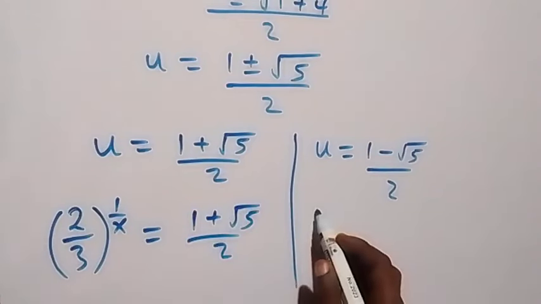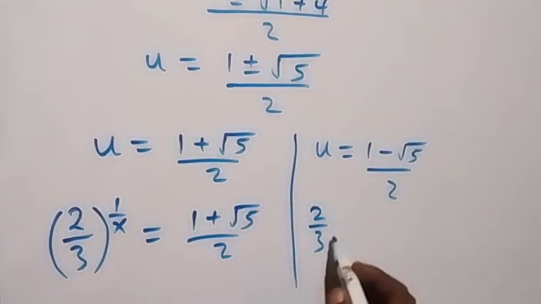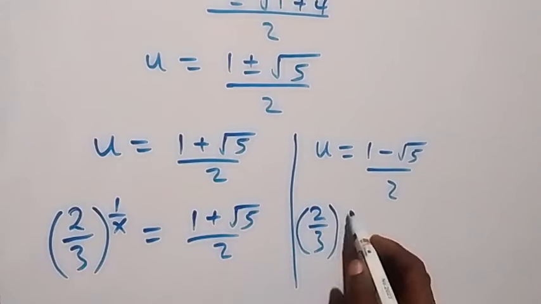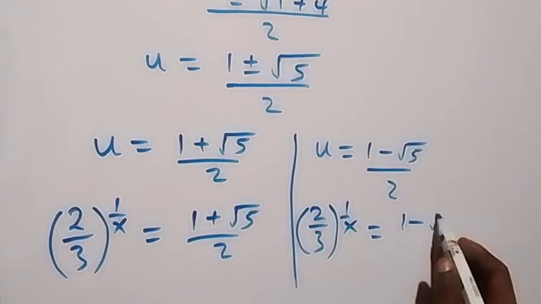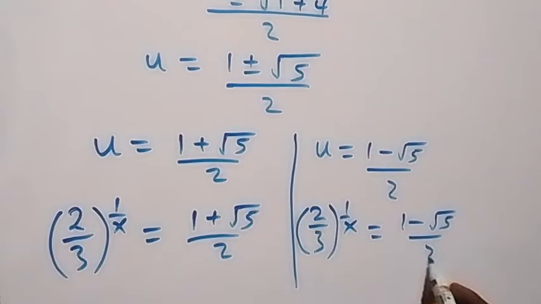Then also on this side, 2 over 3 all raised to power 1 over x equals 1 minus root 5 over 2. Then here is going to give us a positive number, also here we have positive.